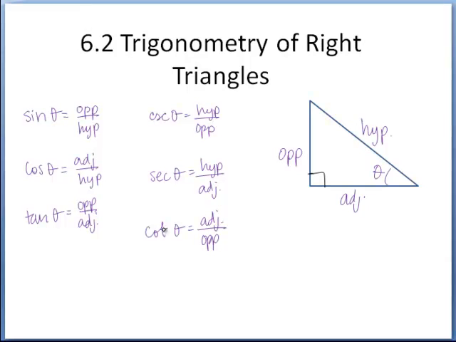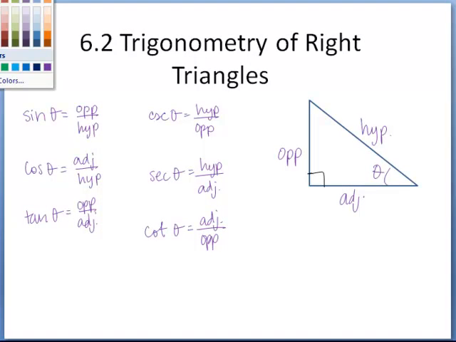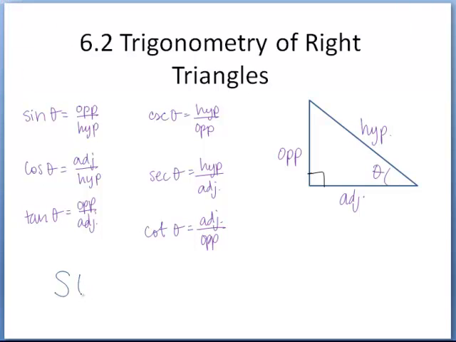Hopefully you remember the old acronym SOHCAHTOA. Sine is opposite over hypotenuse. So if you have your angle theta here, the sine of the angle theta is the opposite over the hypotenuse, SOH.